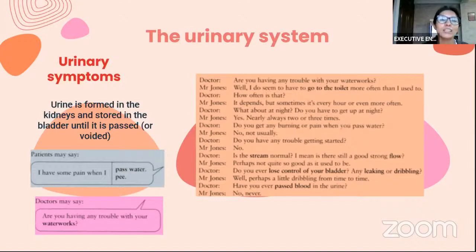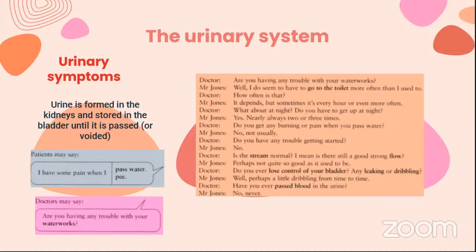Can you read the other side, please, Liz? Yes, teacher. Urinary symptoms. Urine is formed in the kidneys and stored in the bladder until it is passed or voided. Patients may say, I have some pain when I pass water or pee.